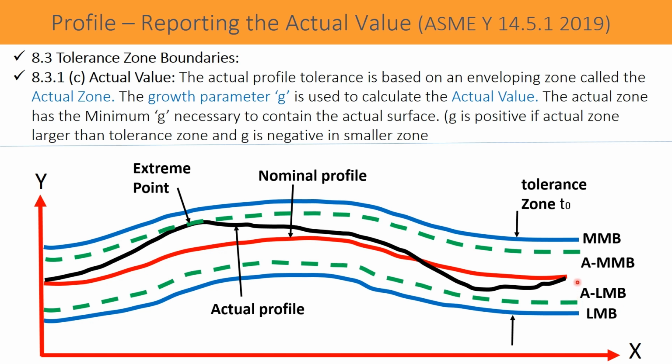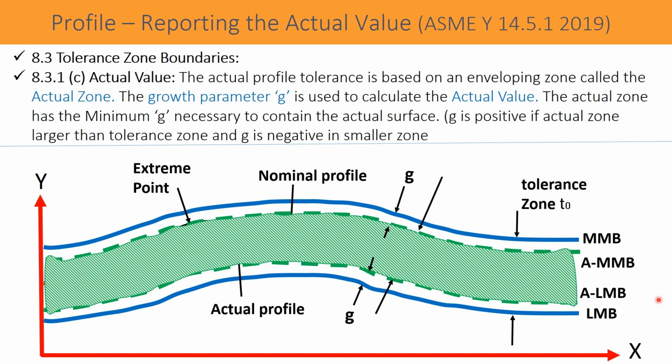So the concept here is, when there is an extreme point on either side, positive or negative, that value is placed on both sides to draw the actual MMB and actual LMB. The zone between the actual MMB and actual LMB is called the actual zone.